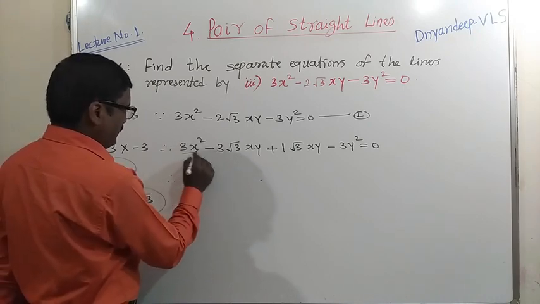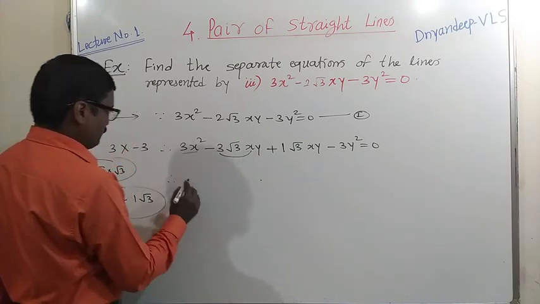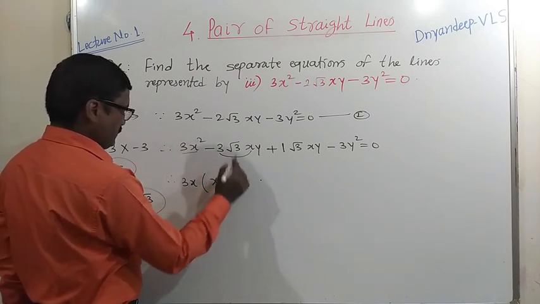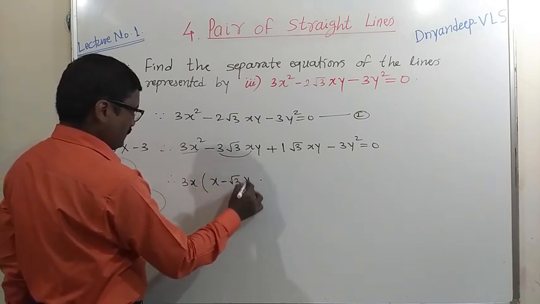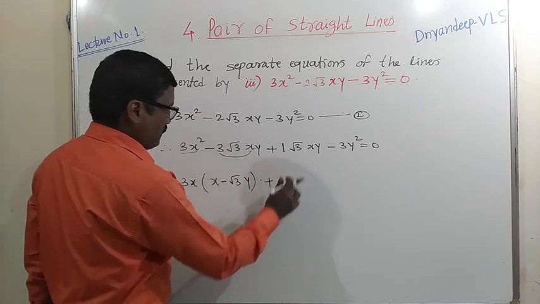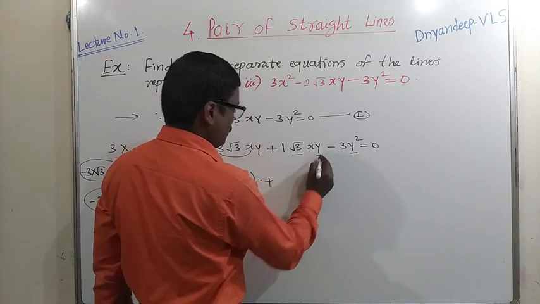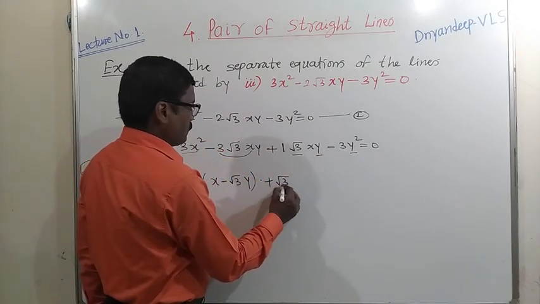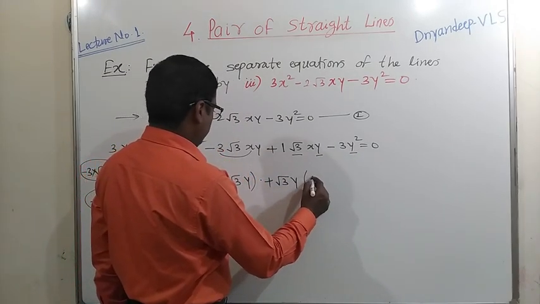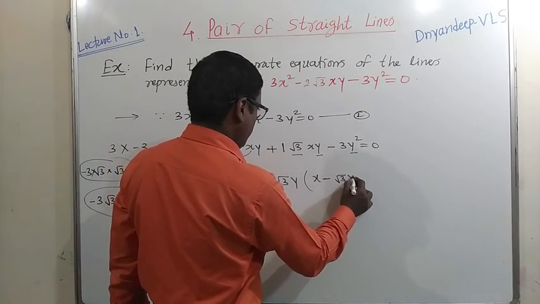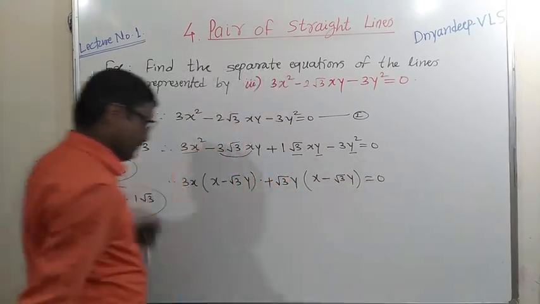Therefore, taking 3x common, remains x − √3y. From these two, we have √3 and y common. So take √3y, in bracket remains x − √3y, that is equal to 0.